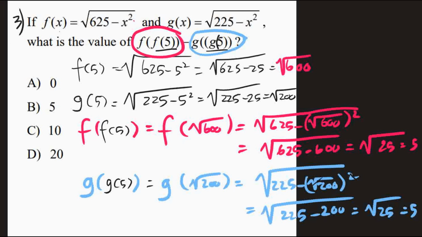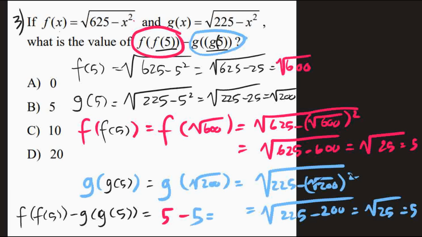Then when we subtract, we have f of 5 minus g of 5, and that is equal to 5 minus 5. 5 minus 5 is equal to 0. That will be our answer. So 0 is our answer.